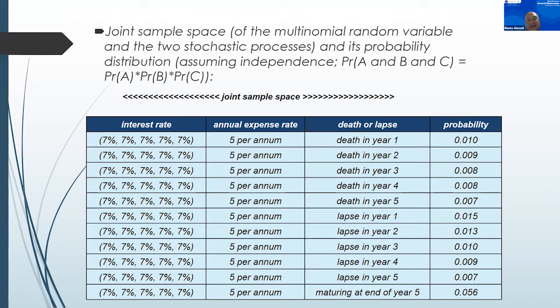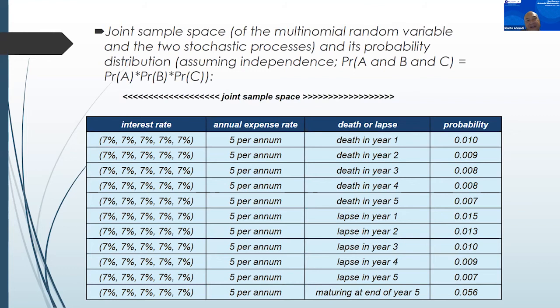So with this independence, we can identify the joint probability distribution, and the probability of each one of the possible outcomes is simply the product of the three probabilities.